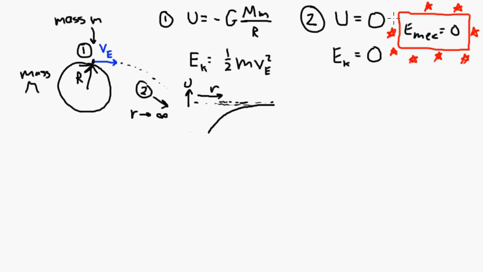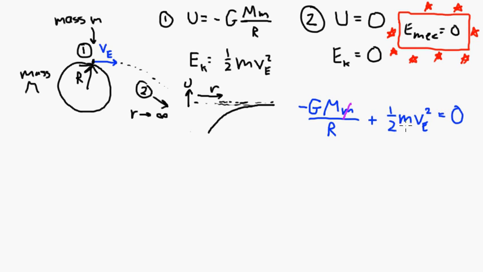So negative G, big M, little m, over big R, plus 1/2 m VE squared equals 0. Let's use purple to cancel the m's.